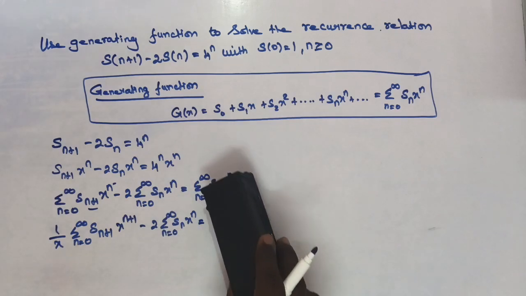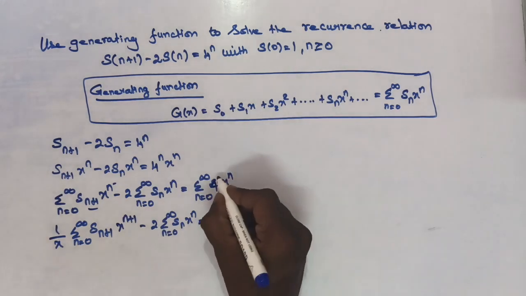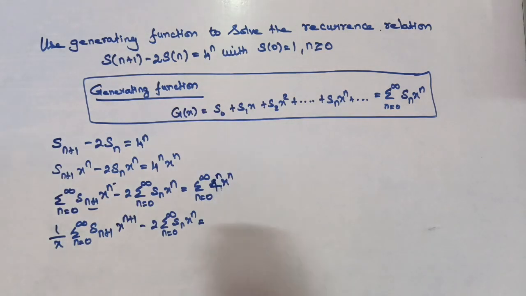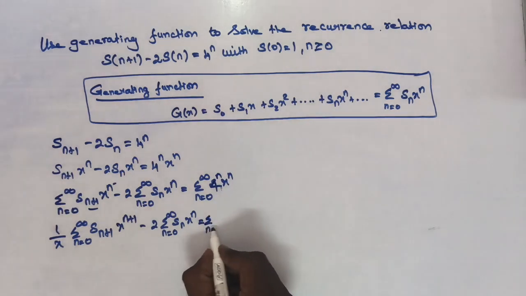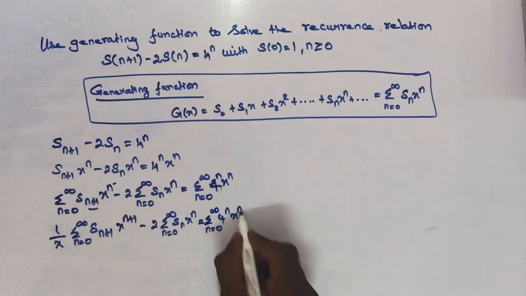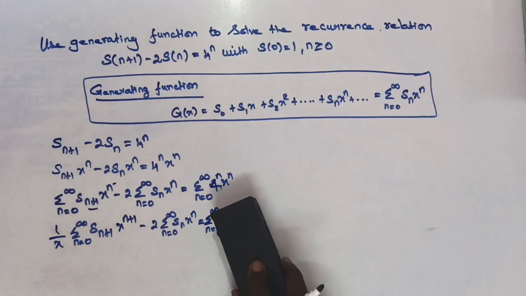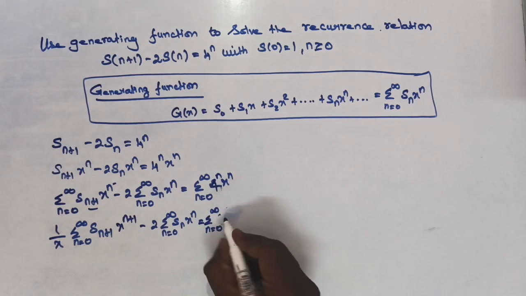This is nothing but 4 power n x power n, so the summation of n equal to 0 to infinity 4 power n x power n, or I can write this as (4x) whole power n. That is the better way of writing it.